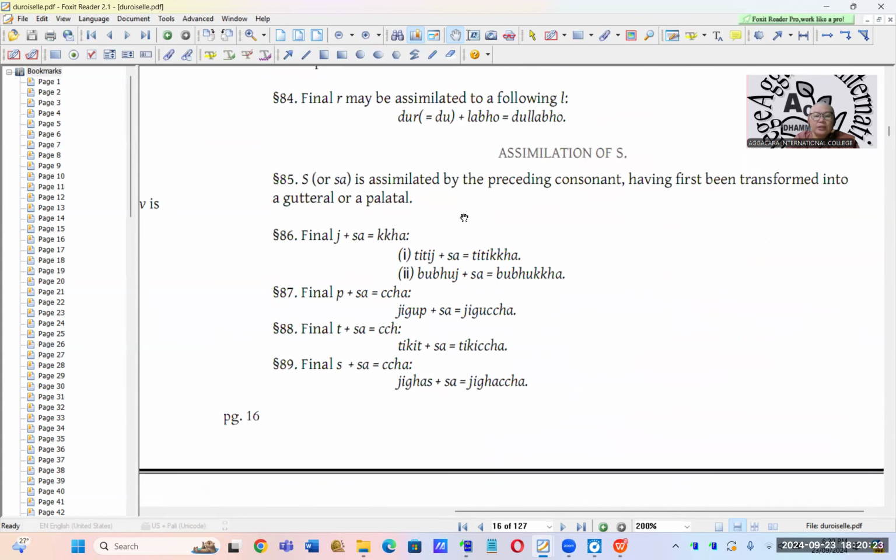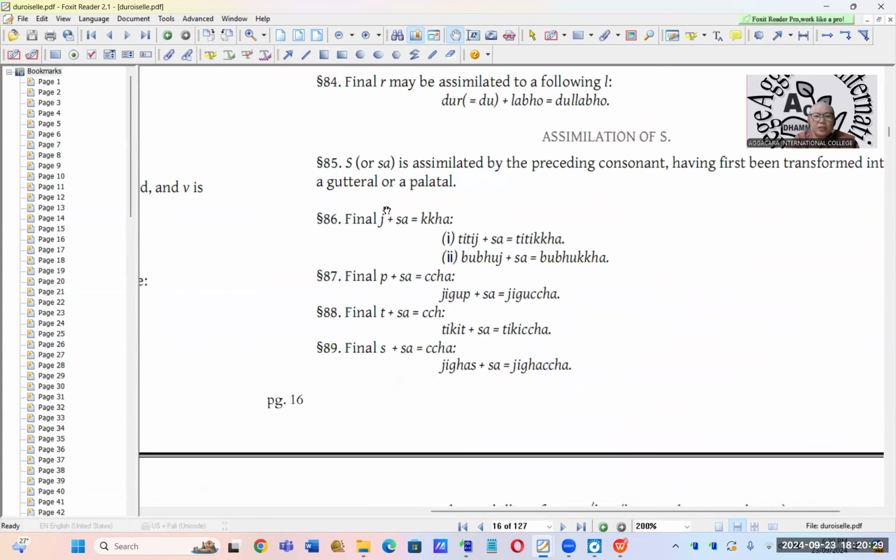And S, when you see S, there are always lots of changes. You can see even like this, J and S totally become KKH. So when coming to S, it's always changed to guttural. Guttural means ka nga, all right? Like cha is a palatal. J and S change to another one, KKH.